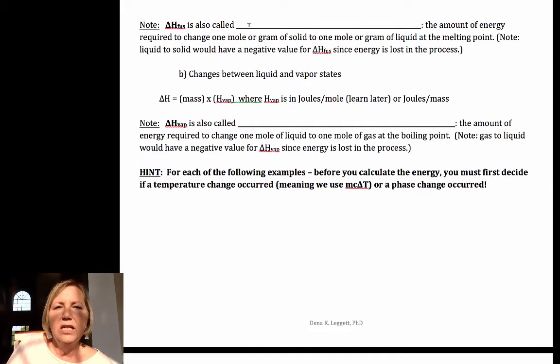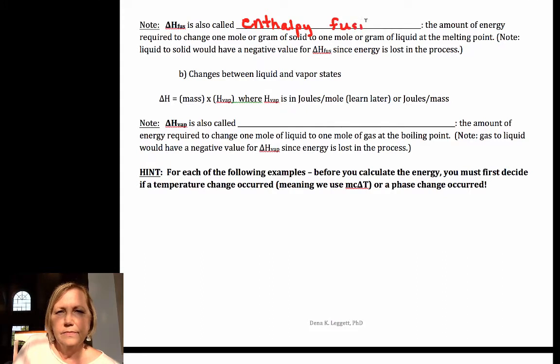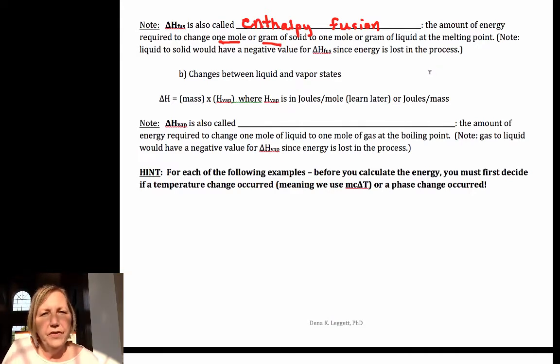Okay, so delta H of fusion, also called the enthalpy of fusion, is the amount of energy required to change 1 mole or 1 gram of a substance at the melting point. Now be careful. In the previous math, our change in temperature will provide the sign.